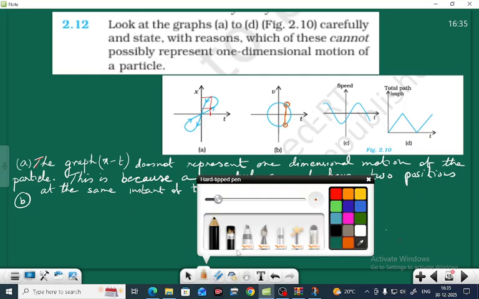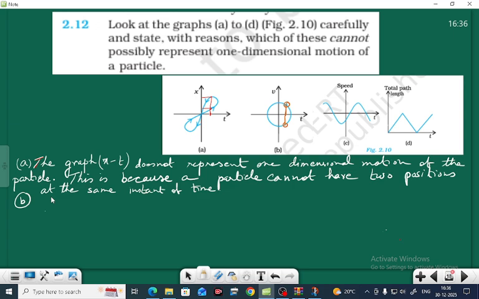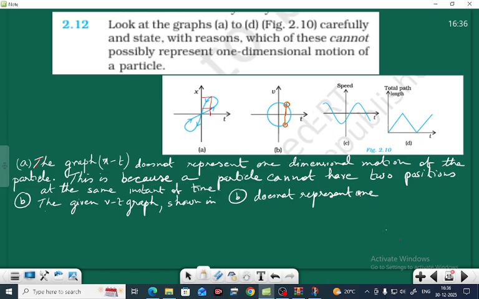So you can write that the given v-t graph shown in B does not represent one-dimensional motion of the particle.